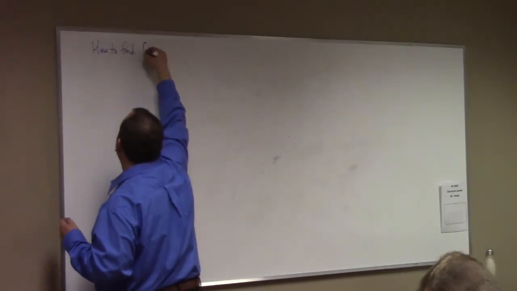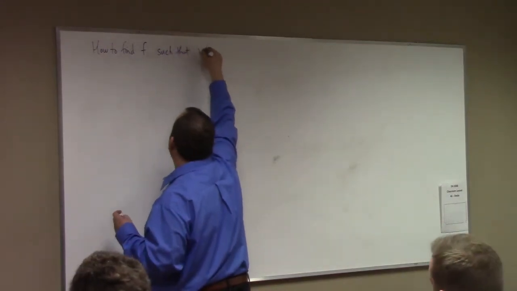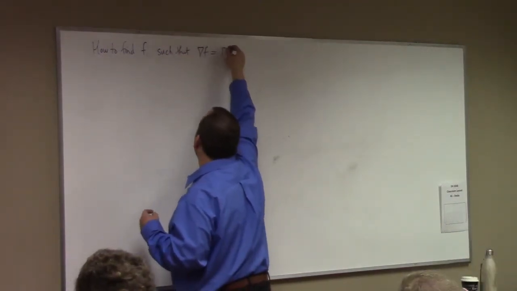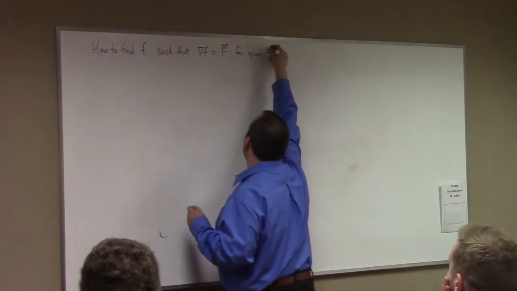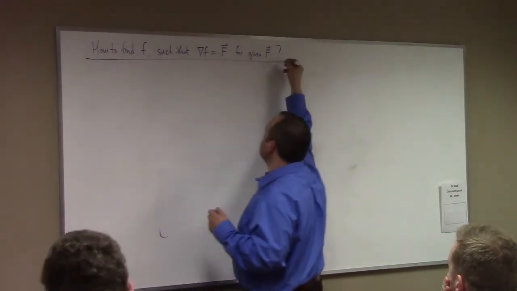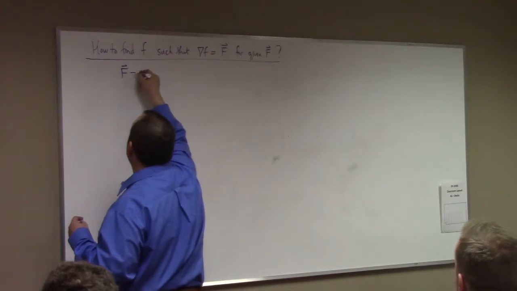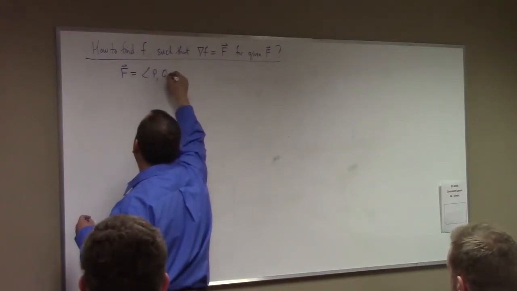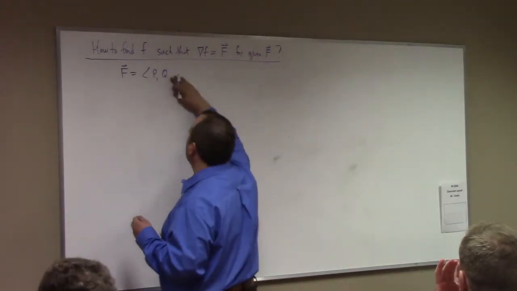How to find little f such that the gradient of f is equal to the given vector field f, right? How do you do that? So let's suppose we have f equal to P, Q for the sake of discussion. Actually, let's be three-dimensional, P, Q, R.